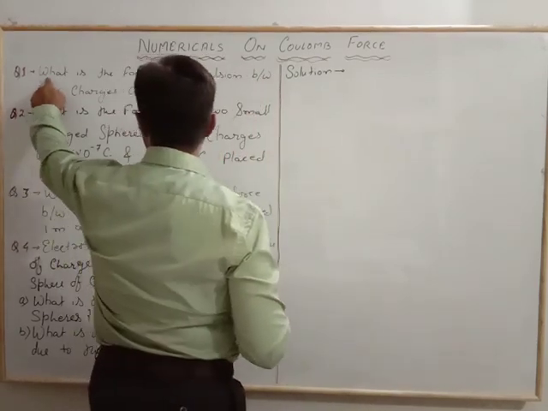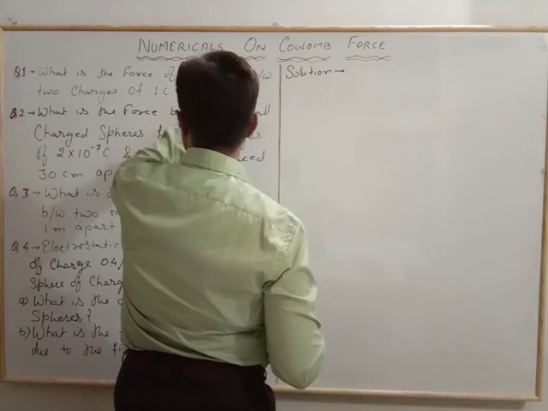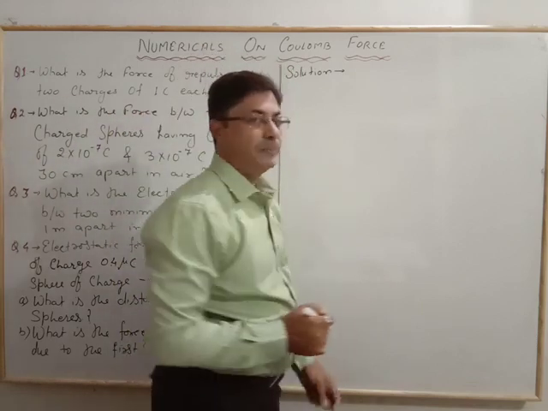The first numerical is: what is the force of repulsion between two charges of 1 coulomb each?